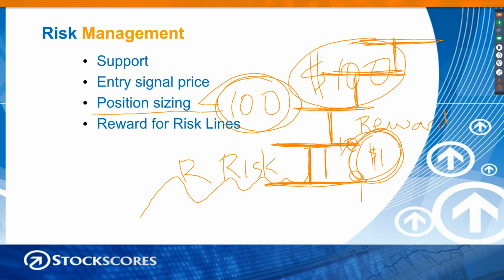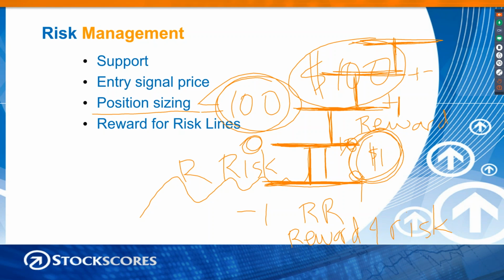And so we can say this is our entry price. This is 0 value. Down here we are at a risk of 1, which we call -1 RR. RR stands for reward for risk. When we're up here, we are at +1 RR.